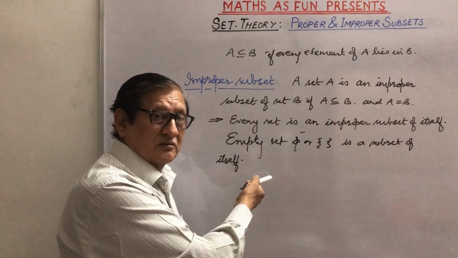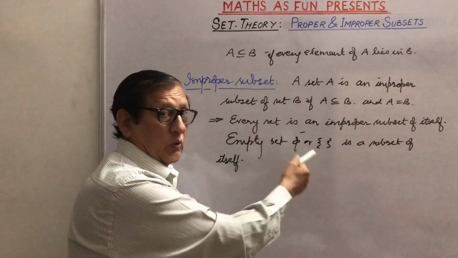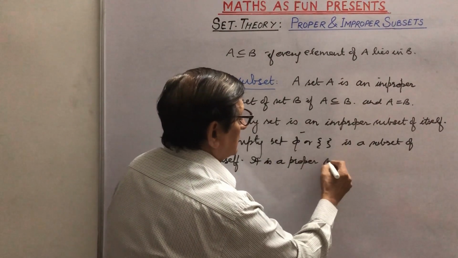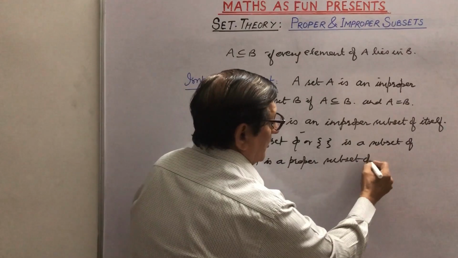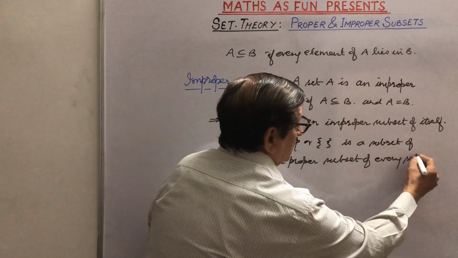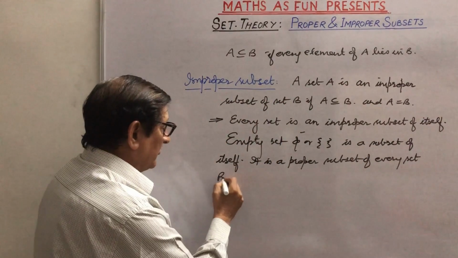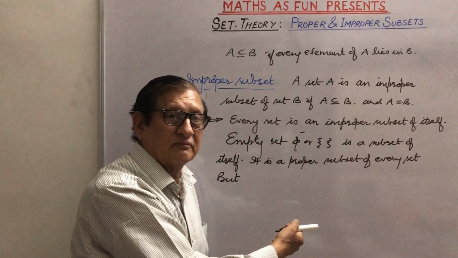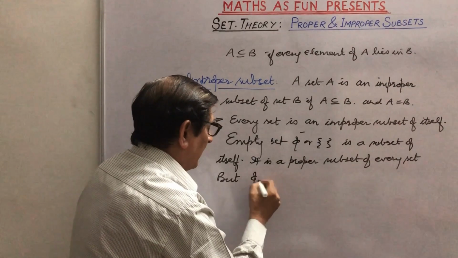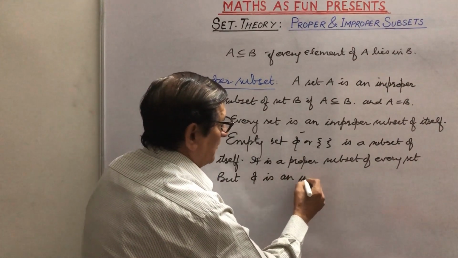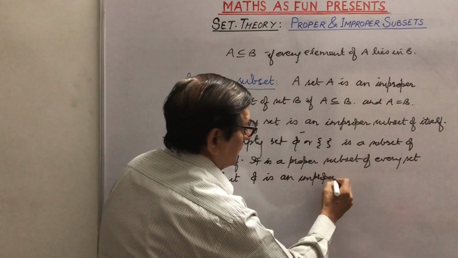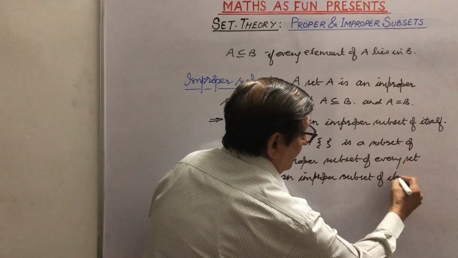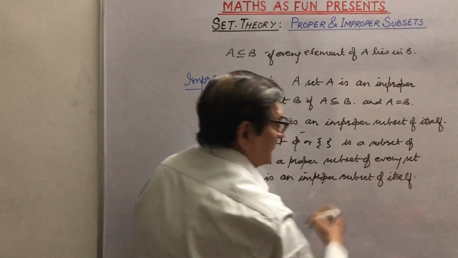What type of set is it? It is a proper subset of every set. But we have to remember one thing, that phi is an improper subset of itself.